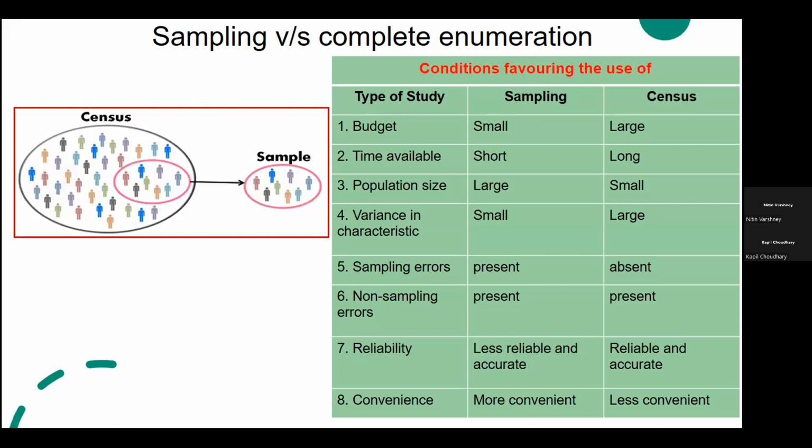So what is the difference? In sampling, less cost and less time are required. Whenever the population size is large, we go for a sample survey. Whenever our population is small, we go for complete enumeration, or census. Sampling error is present in sampling but absent in census. Likewise, non-sampling error is present in both.